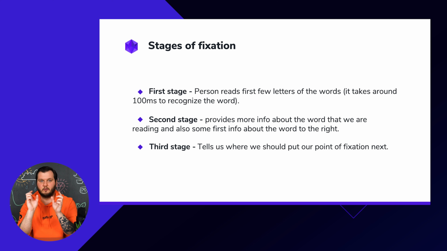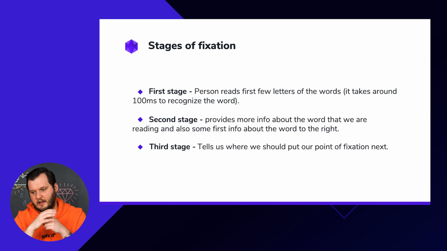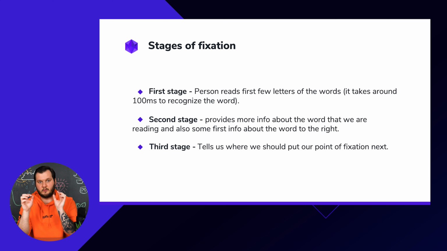That's why people sometimes mistake words: if two words contain the same letters at the beginning and at the end, you might mix them up. So this is the first stage. We read the first few letters of a word, and it takes around 100 milliseconds to recognize it.